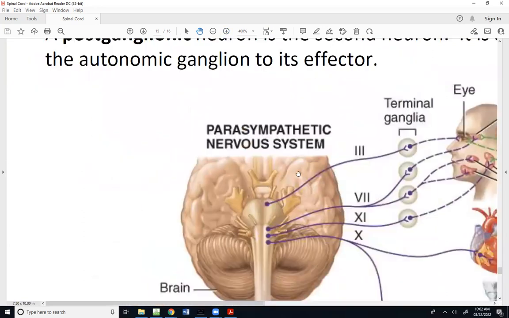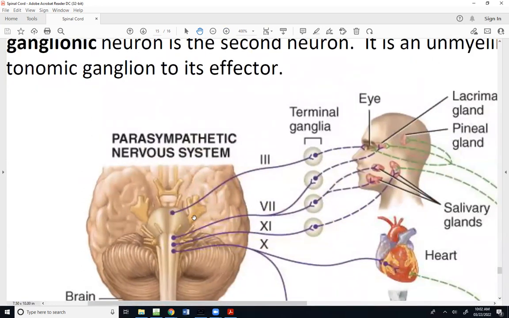It's kind of hard to see, but if I zoom in, especially right here, we can see one neuron coming out of the brain and then another neuron going the rest of the way to the eye. And if you don't know by now, the prefixes pre and post mean before and after. Okay. The first neuron that carries the signal out of the central nervous system is called the preganglionic neuron.